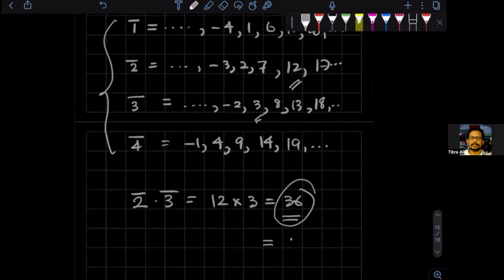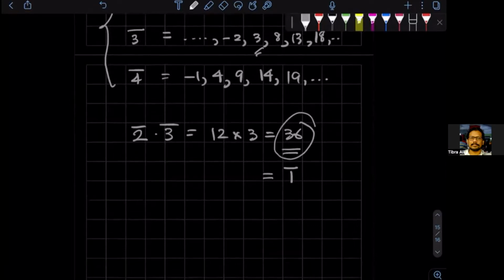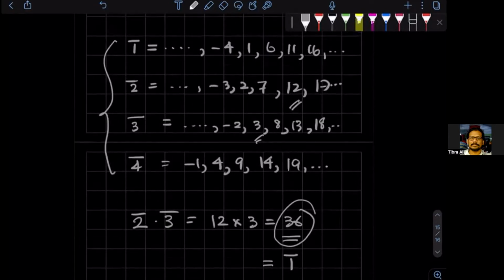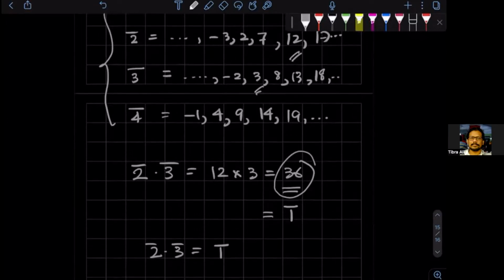So 36 is going to be part of 1 bar, right? So we have 2 times 3 is equal to 1. So we have basically cleverly found a subset of the integers such that under this multiplication modulo 5, it forms a closed set and it has a group structure.